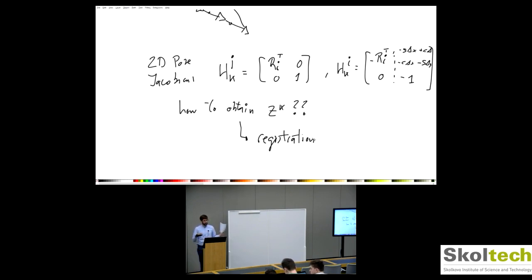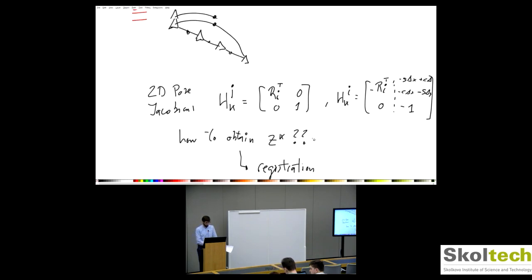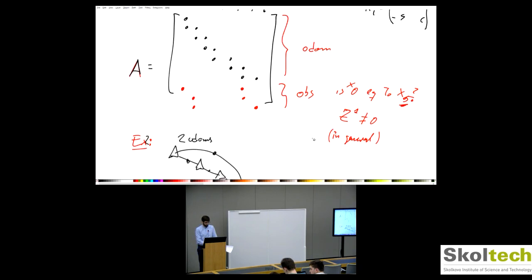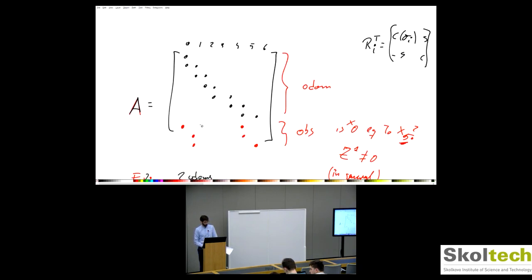If you find this, which is usually found by optimization or direct algorithms, then you have the observation that we need. For now, what you need to know is that whatever we find is going to affect the graph structure this way. We are going to have a lot of factors that now connect poses, with no landmarks. Still, we can solve the problem.